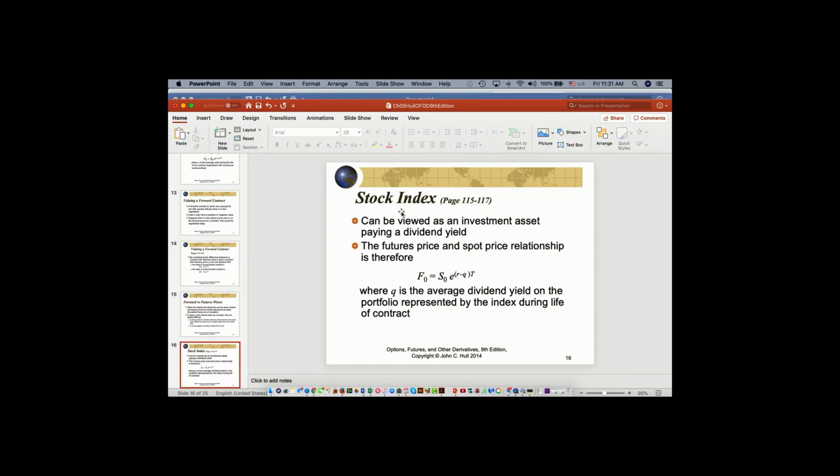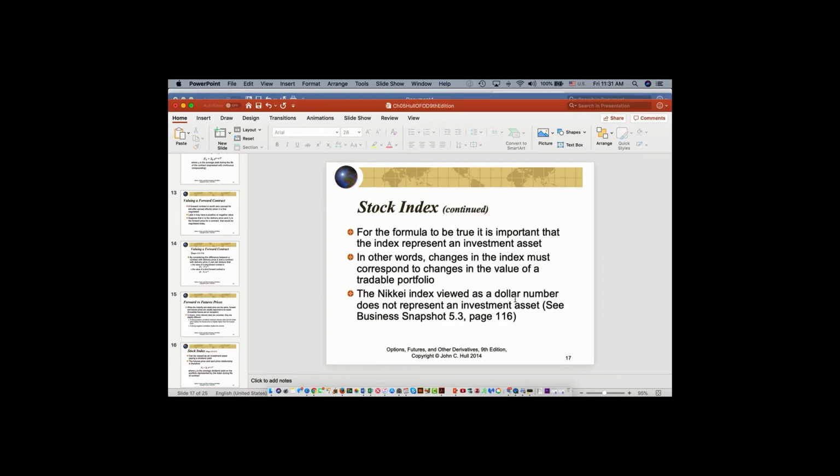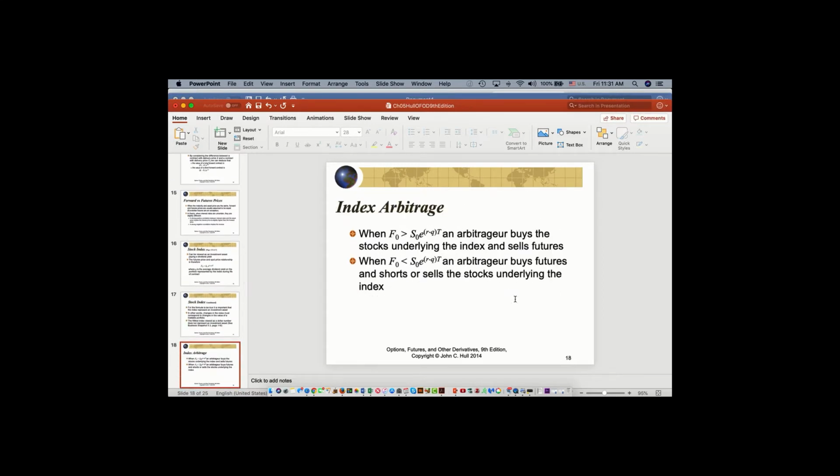You can do the same thing with the cost of carry model for a stock index. For the dividend paying yield, the interest rate is there, the cost of carry, and then Q is the dividend yield. And again the same rule applies: if F sub 0 is greater than the right hand side, then you should buy the stocks underlying the index and sell the futures.